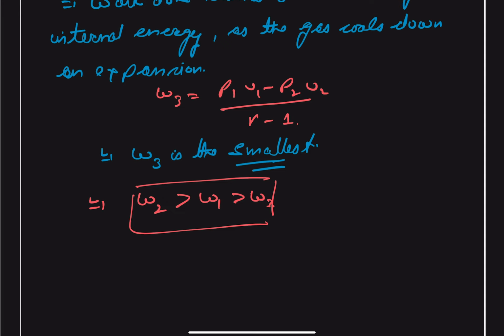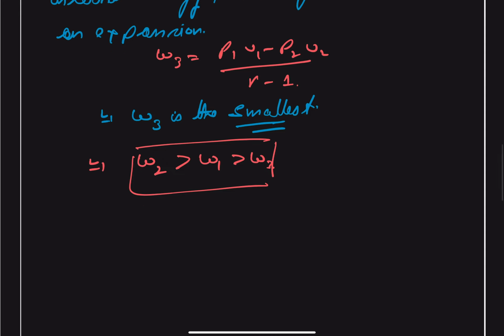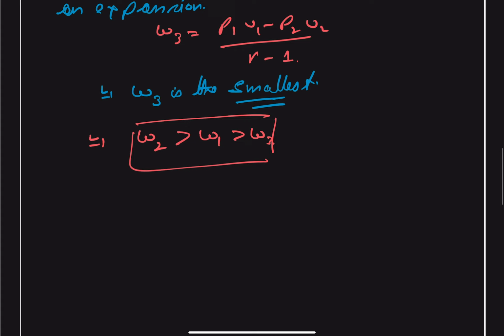And this can also be represented in form of graphical representation. So we have pressure and we have two volumes. This is our V1, the other end is our V2. Then the work done, let us suppose starting from the same point, can be represented by three different curves.